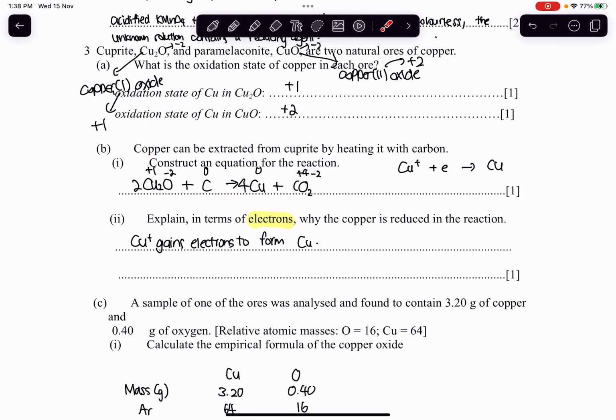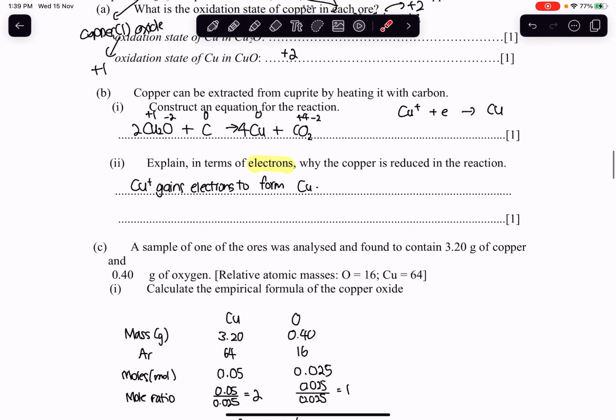Like I mentioned in class, if you wrote the other product as carbon monoxide instead of carbon dioxide, the reaction is actually wrong because there's no transfer of electrons. So for the most part, unless specified, just assume CO2 as the other product in extraction. So you just balance Cu2O plus C gives you Cu plus CO2. You balance it with a 2 and a 4.